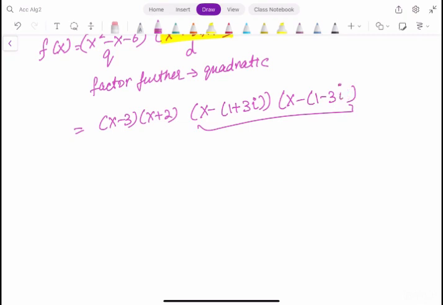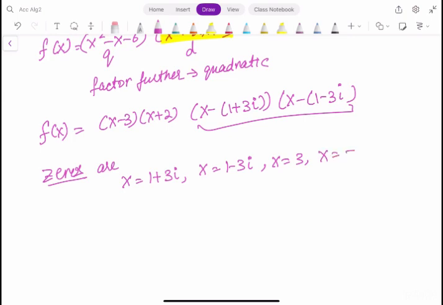And at this point, you can write all the zeros of the function. So zeros are x equals 1 plus 3i, then x is also 1 minus 3i, and x is equal to 3, and x is equal to negative 2. So we were aware about one root, 1 plus 3i.